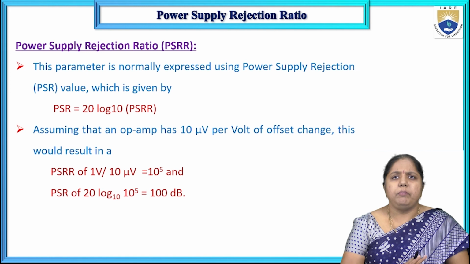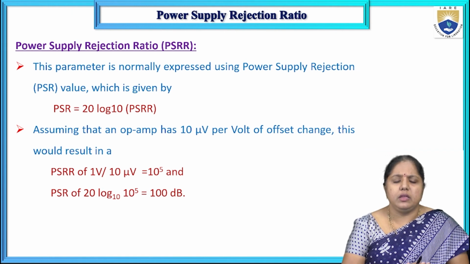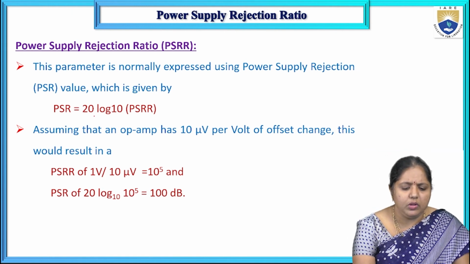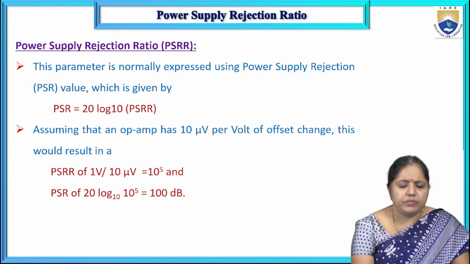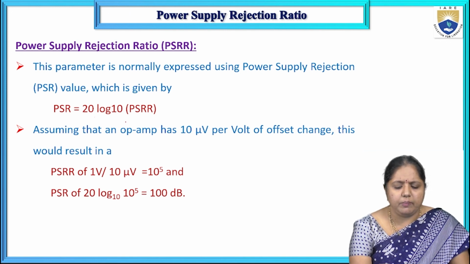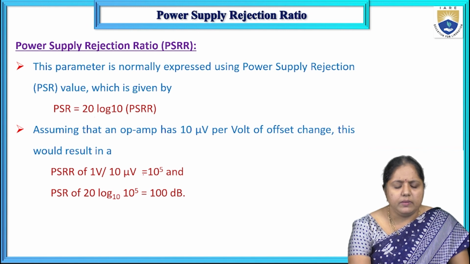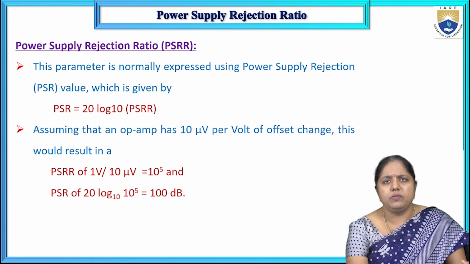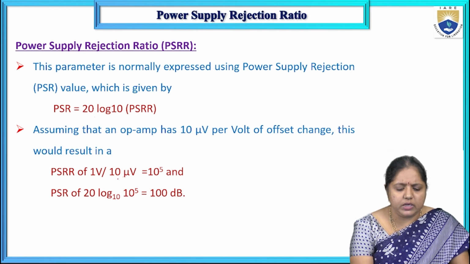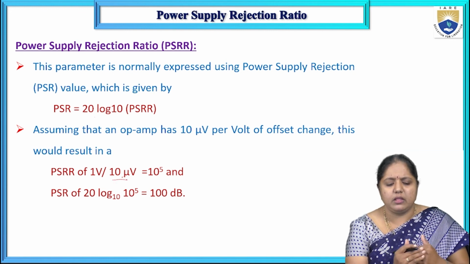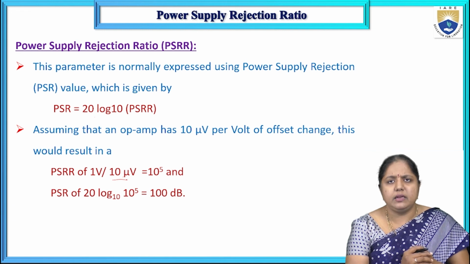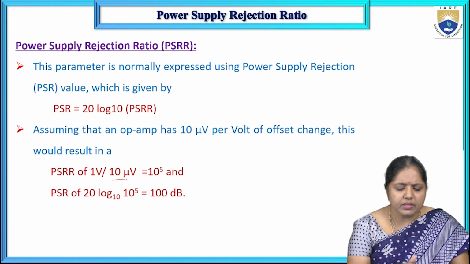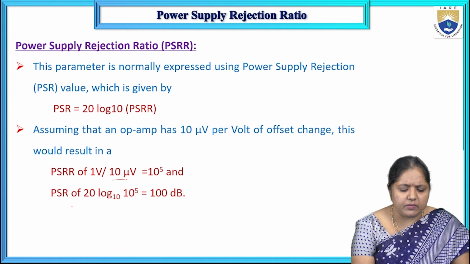Here the PSRR is represented as 20 log base 10 of the ratio. Suppose there is a 10 microvolt fluctuation in the power supply voltage with respect to 1 volt.